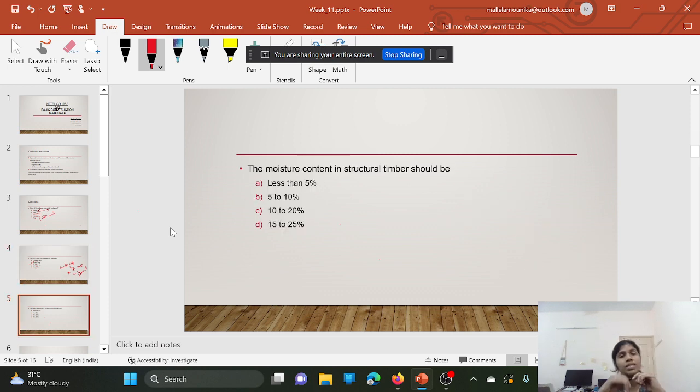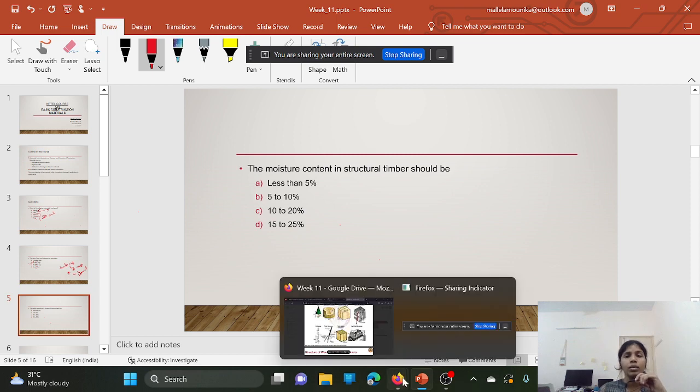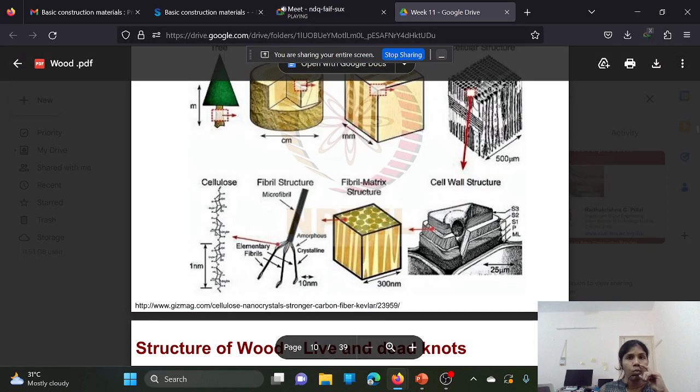And coming to the next question, the moisture content in structural timber should be. Already in the case of other materials like aggregate, cement, concrete, we have seen the limitation in the moisture content.